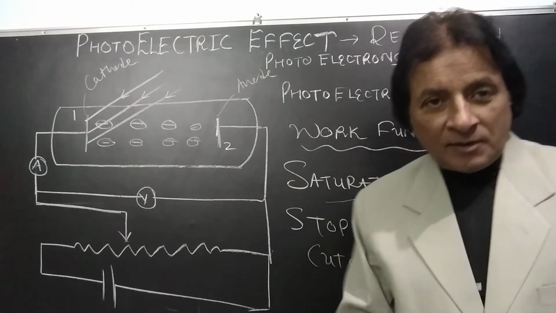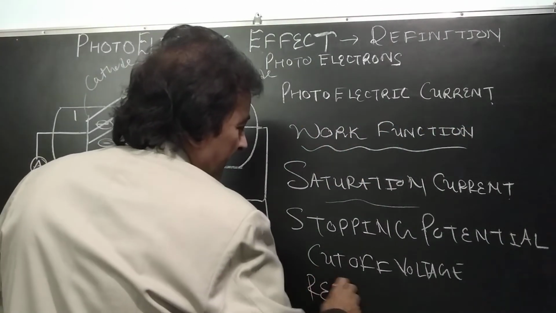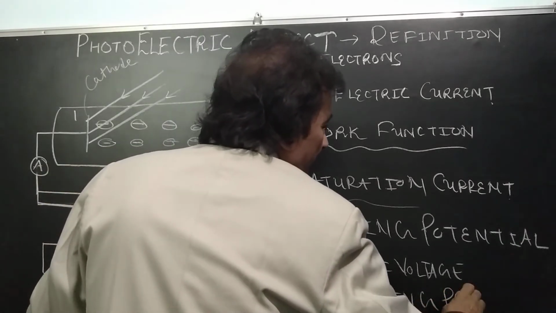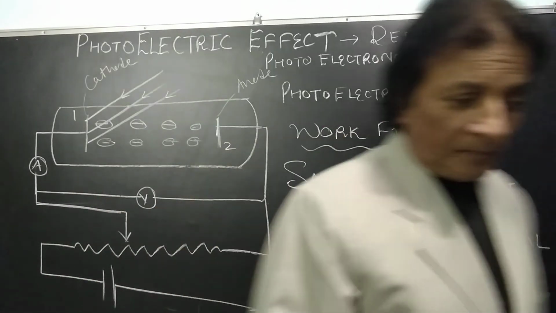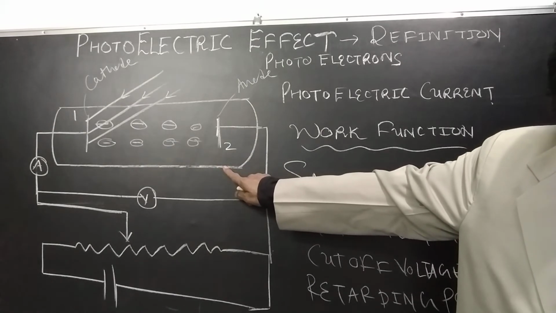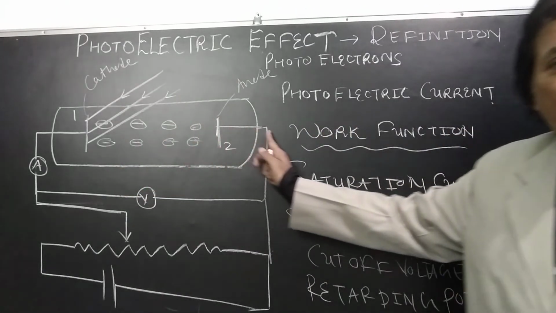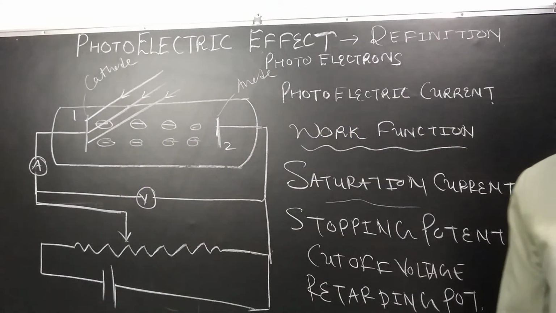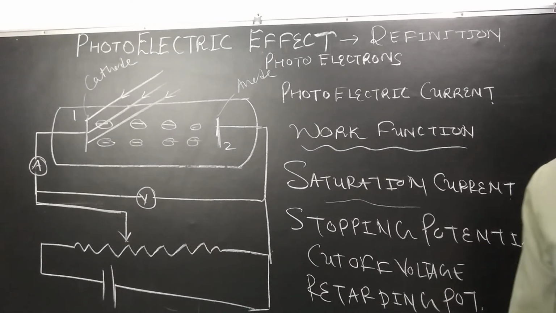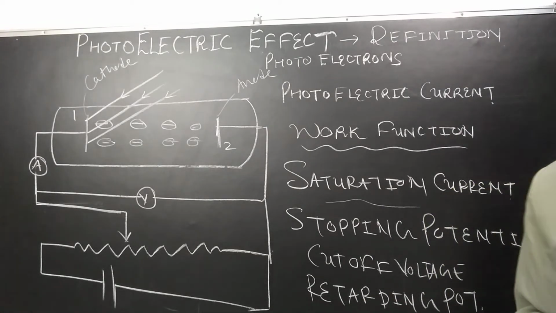Correct. The next definition is retarding potential. What is it? Write down. The negative potential of anode with respect to cathode, which is less than the stopping potential, is called retarding potential.